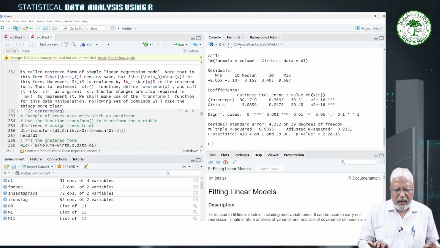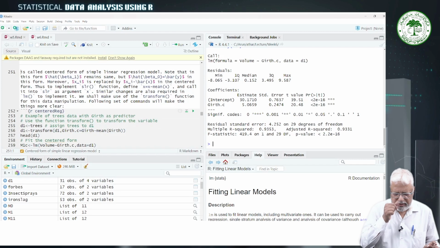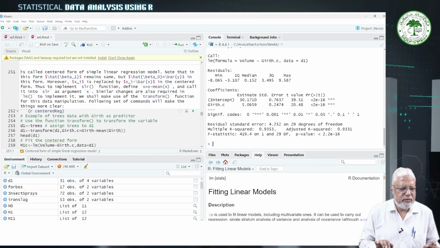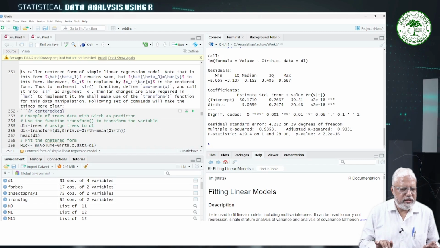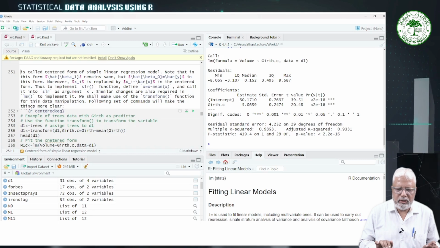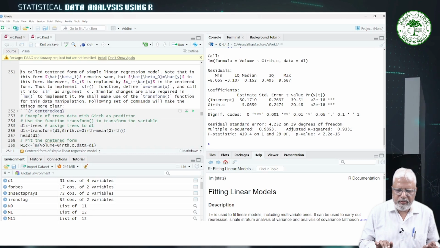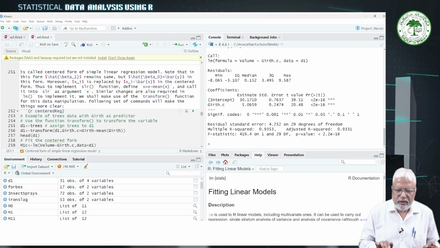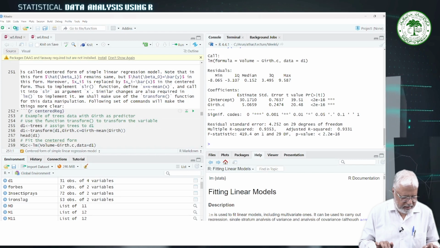But see, I would like to first define the correlation matrix. And before that, I would like to define the variance-covariance matrix.